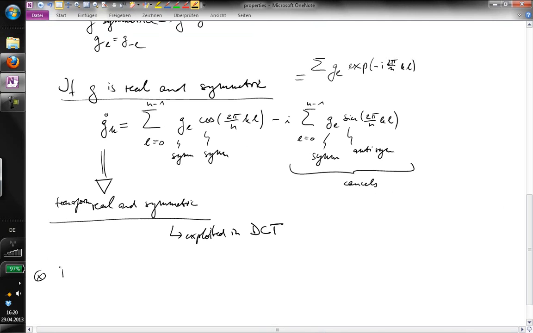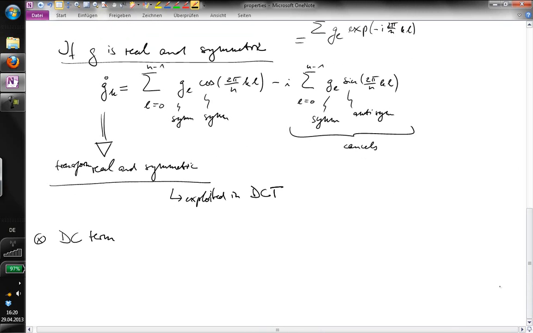Then I wanted to mention particularly the DC term. The DC term is the name of the Fourier coefficient at frequency 0.